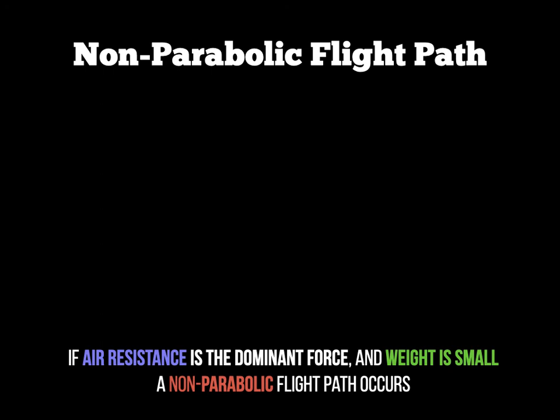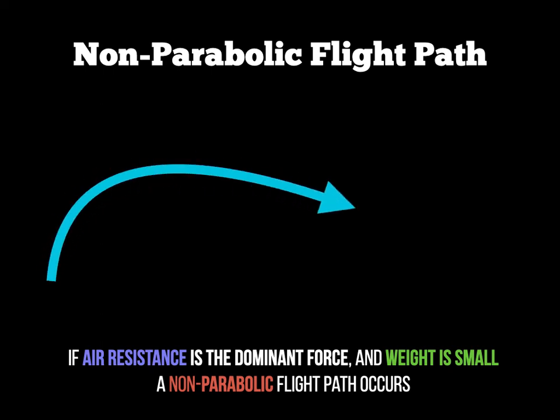A good example of this is something like a shuttlecock. A shuttlecock flight path might look something like this. Because it's quite a light object, and the heavy tip of the shuttlecock is its weight, it will fly up very quickly, but then it will drop in a strange way. It won't drop like a shot put will drop.